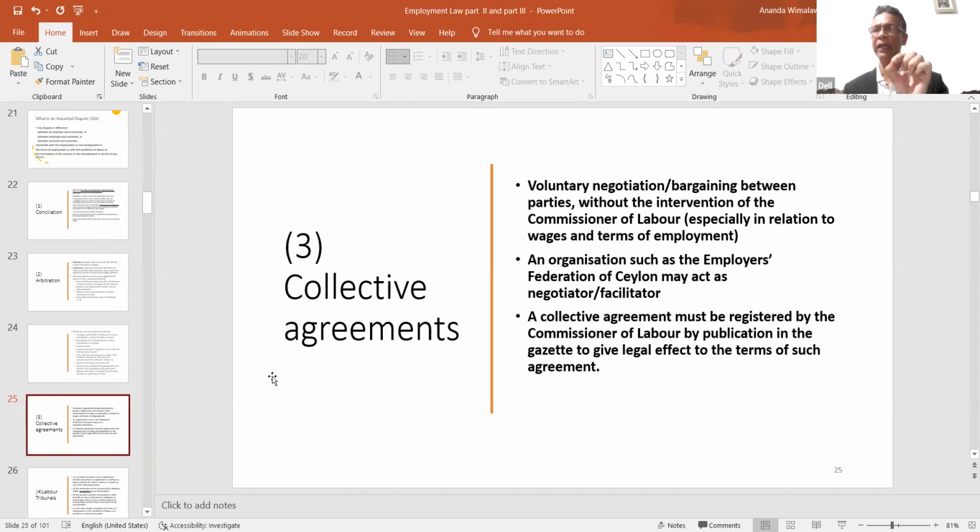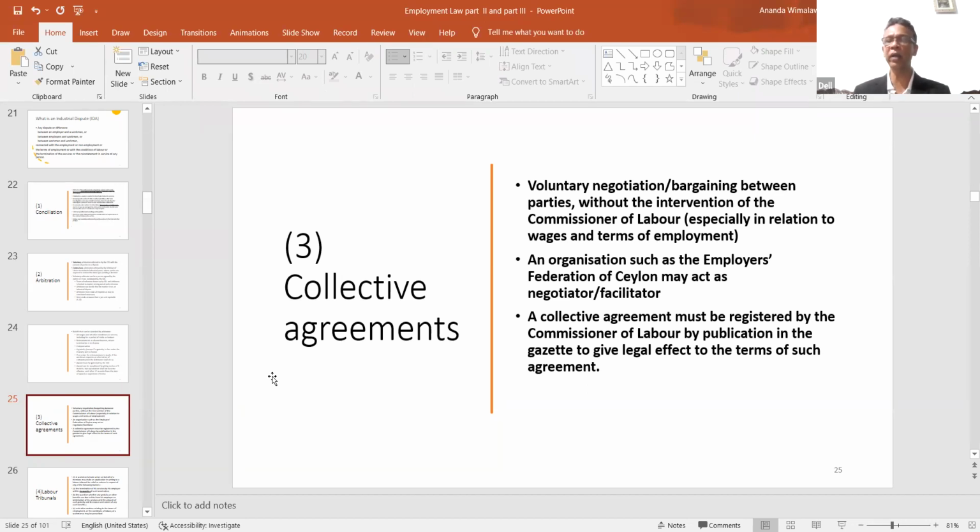Next subtopic, collective agreement. What we have discussed so far is collective bargaining. Under this, I ask you to have another subtopic: collective bargaining, and the next one is collective agreement.